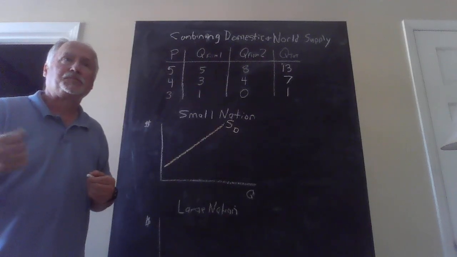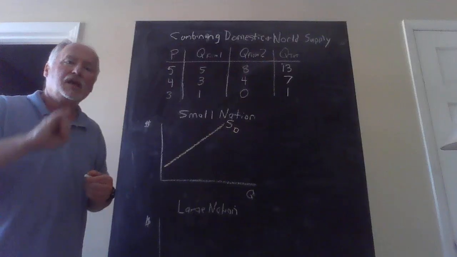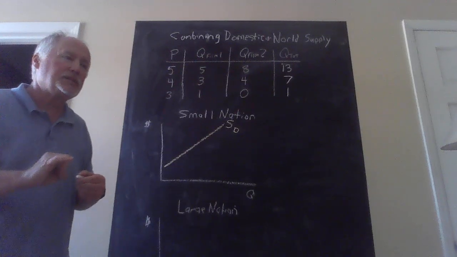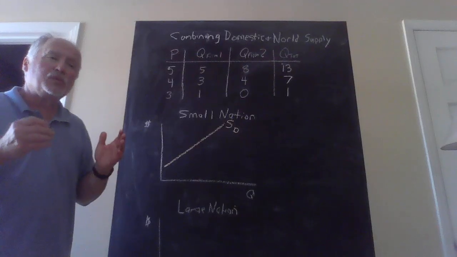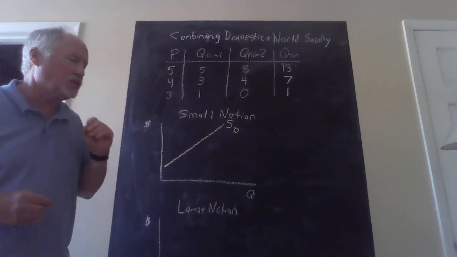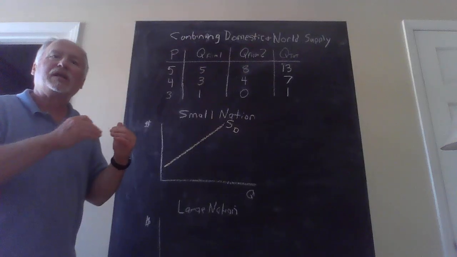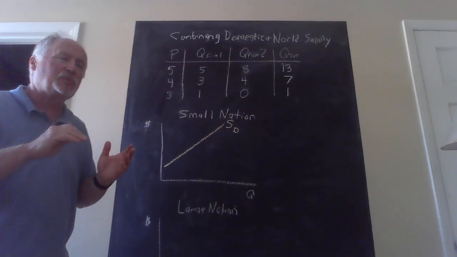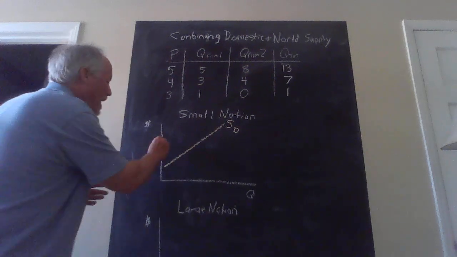Now, if that's the case, if the country can buy as much as they want at the world price, then what we would need to do is think about the supply curve we'd have for the rest of the world here, and that would end up being a horizontal, or perfectly elastic, supply curve for the rest of the world at the world price.